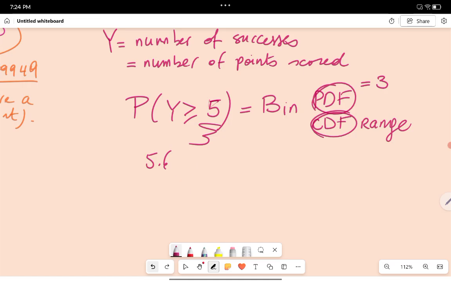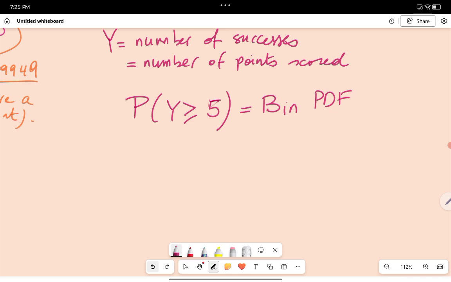And we're going to simply use the binomial CDF, where we have n, p, lower bound, and upper bound. So our n again, let's write it down, binomial CDF.